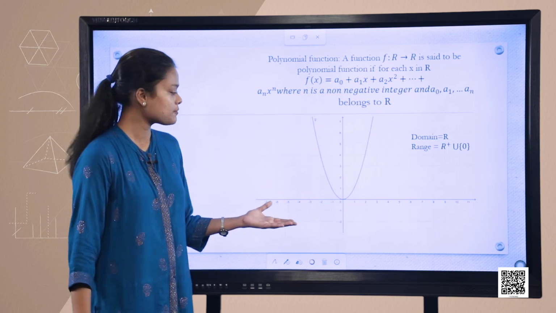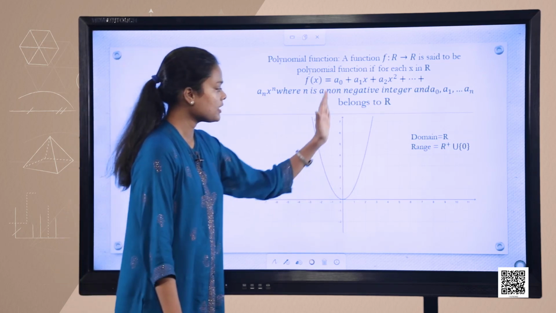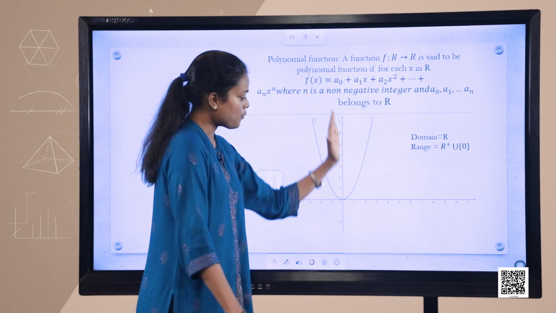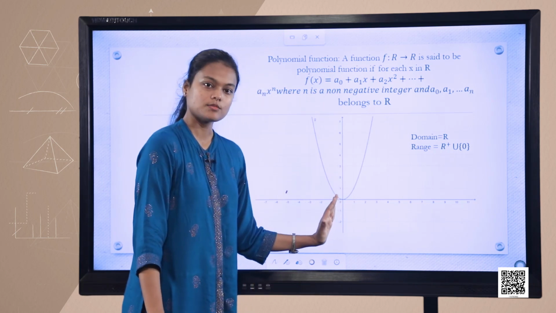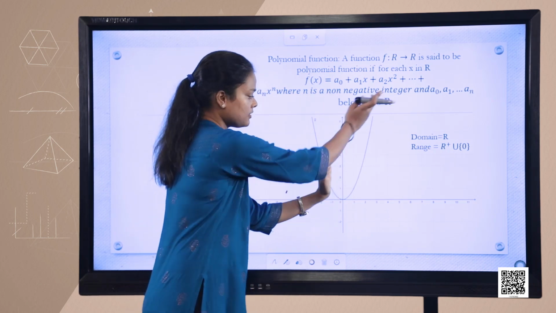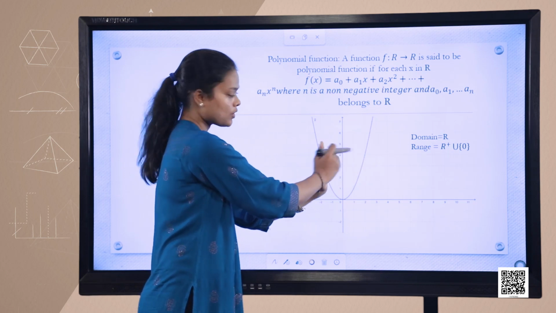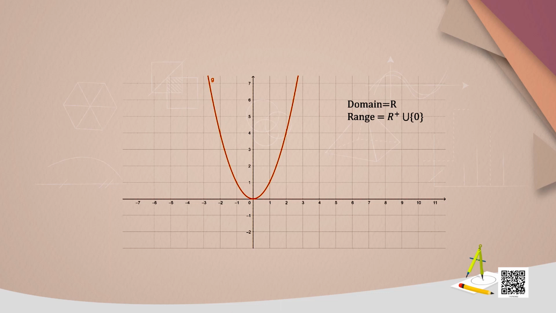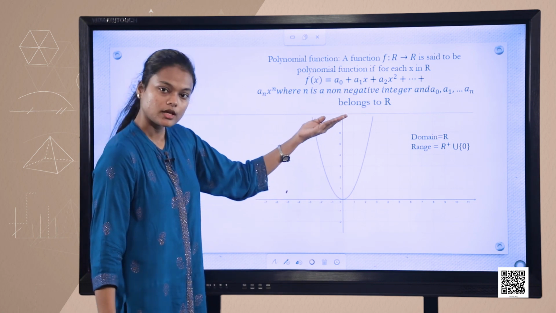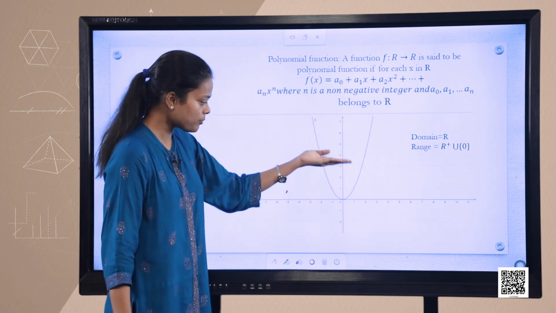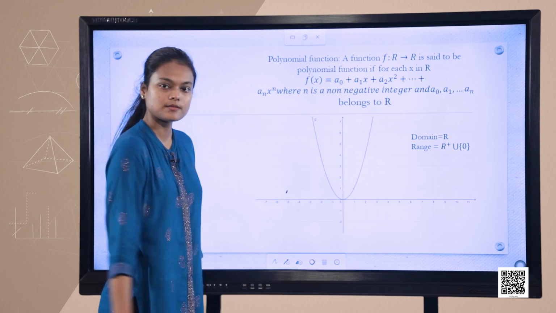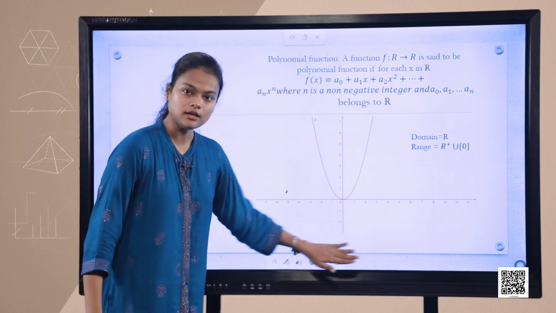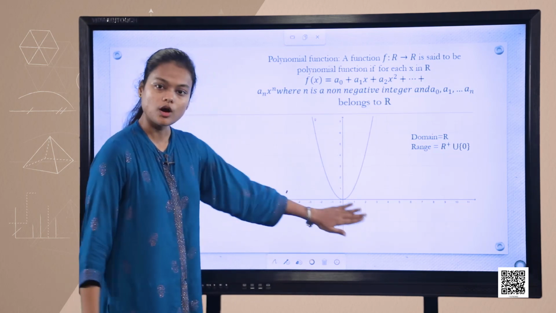Graph is like this, where you can see that the y-axis is acting as a symmetrical line and the graph is the same as what is there in the first quadrant. Since we are having all positive real numbers, the graph will be in the upward portion of the x-axis. No graph will be there in the negative part of y.